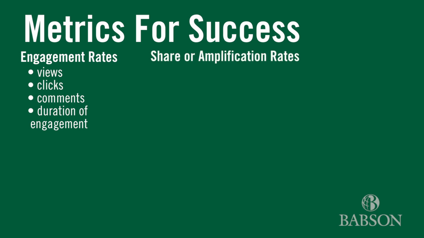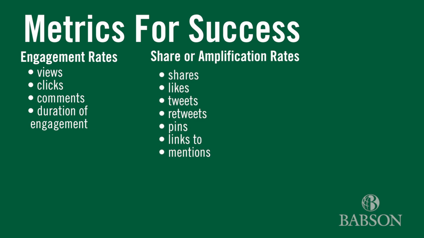Share or amplification rates include the number of people who share, like, tweet, retweet, pin, link, and basically mention your comment throughout their own networks. This can also be analyzed by platform, by content, day of week, or time of day. Your reach is the number of impressions by campaign, content, items, or platform.